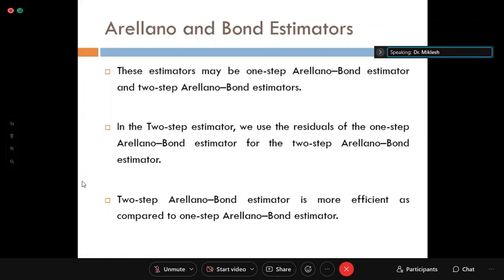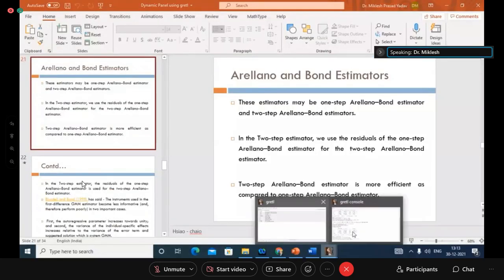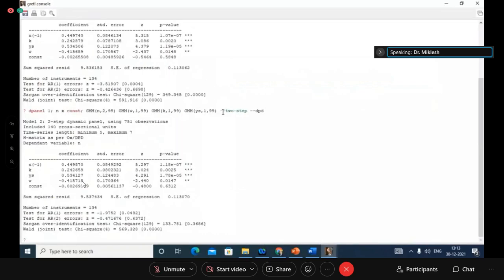It means that at the back end of the software, when you write this two-step and DPD, first it computes one-step DPD, meaning the one-step Arellano-Bond estimator. It derives the error term and then uses it in the second step. That's why it gives the robust result.